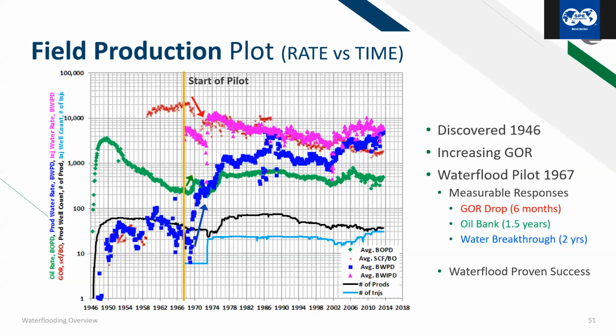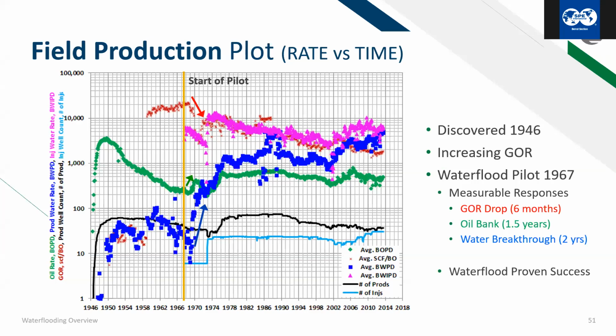They did start a pilot in 1967, and you can see there are actually measurable responses to this pilot. So the first response that you see is about 6 months after the pilot started, the GOR dramatically drops. And what this means is that they've increased reservoir pressure in that area. The gas that was still free gas in the system has gone back into solution, into the oil in that area.